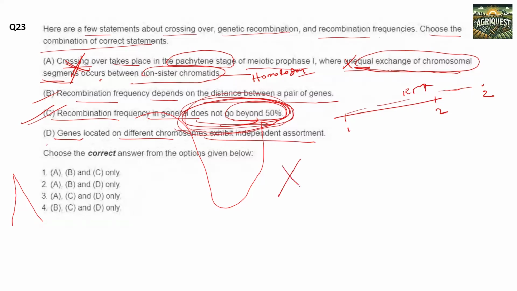If chromosome 1 contains A and chromosome 2 contains B, A does not depend on B, and B does not depend on A during segregation. This is called independent assortment. So B, C, D is the correct answer, so the fourth option is correct.